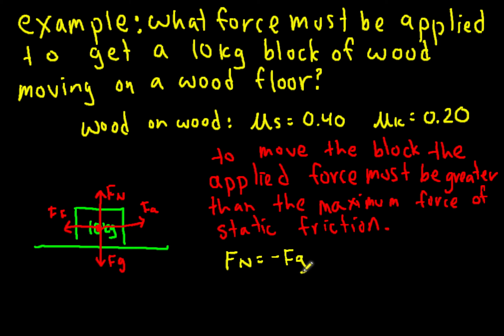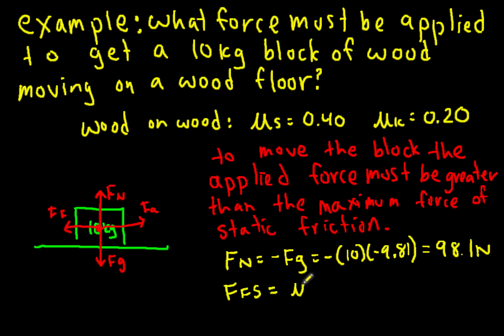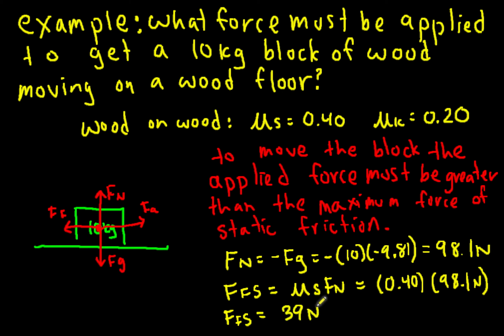The normal force is equal to the negative of the force of gravity, which is negative 10 times negative 9.81, which gives us positive 98.1 newtons. The force of static friction is mu static times Fn, which is 0.40 times 98.1, which gives us a maximum static friction of 39 newtons.